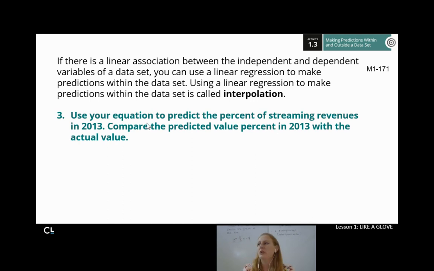So I would like you to use your equation to predict the percent of streaming revenues in 2013. I know we had a point for 2013, but I want you to use the linear regression equation that you just wrote to predict the value percent in 2013. So go ahead, hit pause to do the work, hit play when you're ready to check it.